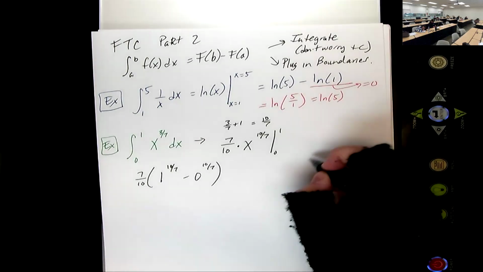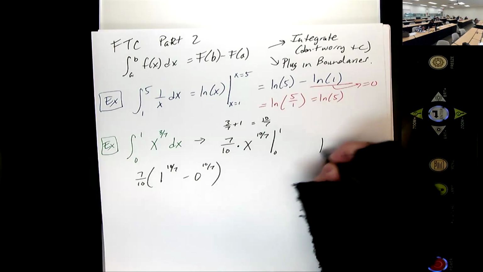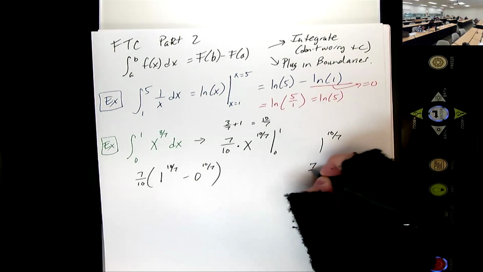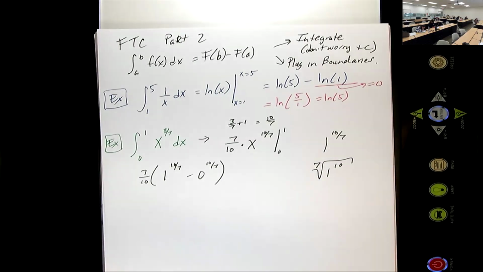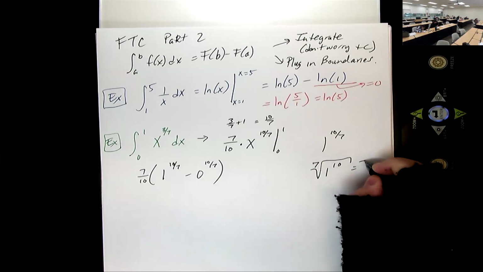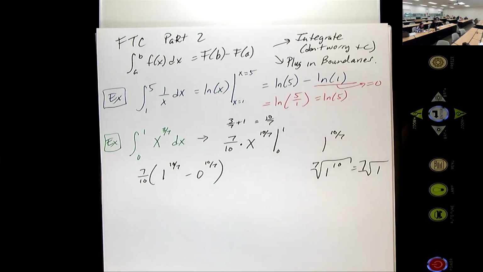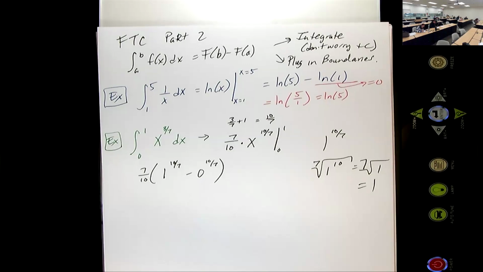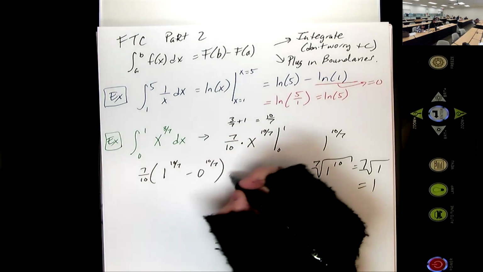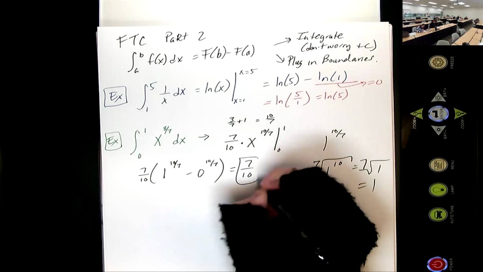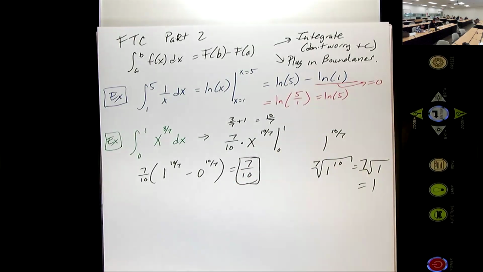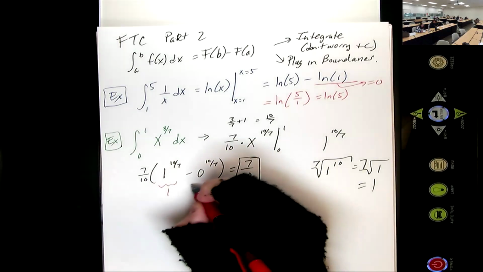So, this is easier than you think. 1 to the 10/7 is the 7th root of 1 to the 10th power, which is the 7th root of 1, which is 1. Same thing applies with 0. 1 and 0 make fractional exponents really easy. So that just ends up being 7/10. This ends up being 1 and this is minus 0.